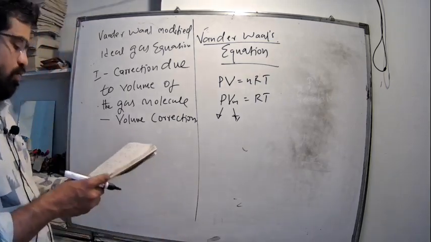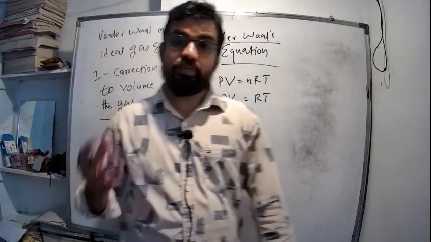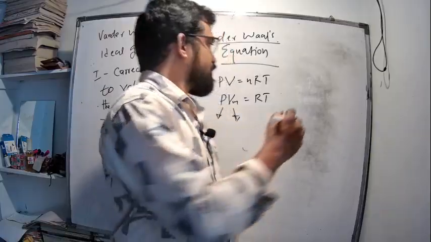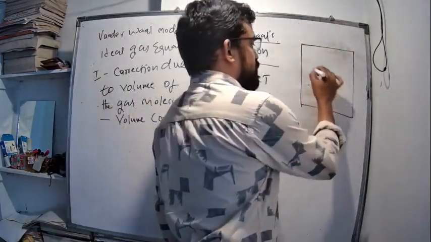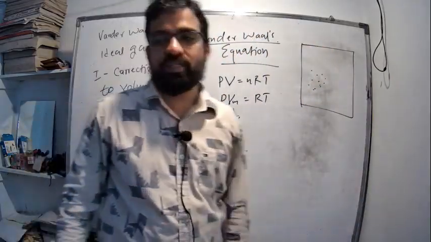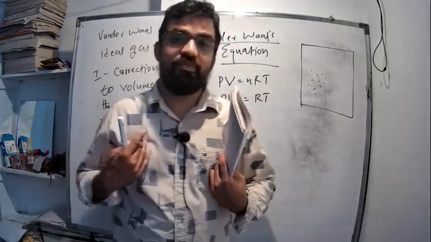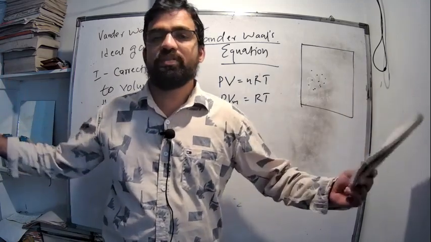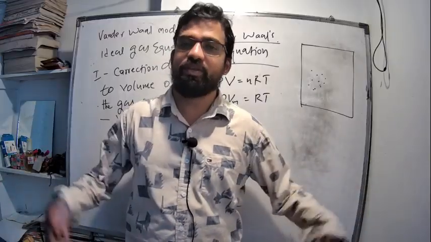The volume of the gas molecule should not be neglected. Even though molecules of the gas have a definite volume, we have neglected it. Let me explain. Suppose some gas is present in this container. For example, I am a gas molecule, and this room is the volume where gas molecules are present.